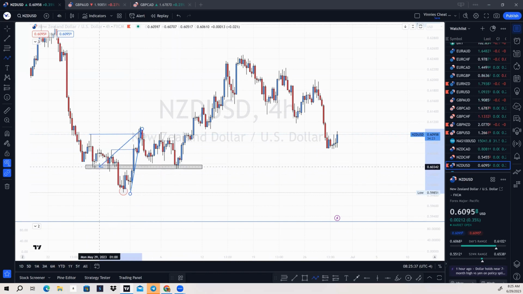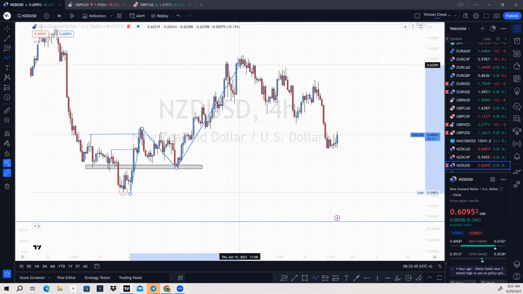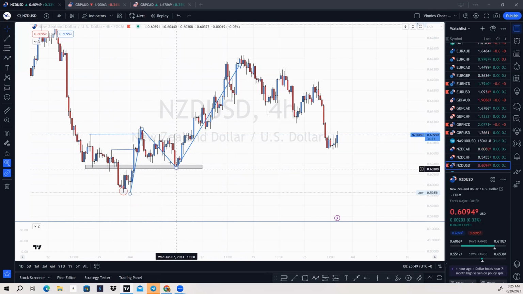This was also in the past considered an area of demand. Price came back down to the demand area and then shot up. Again, it happens on every single time frame. So what you're looking for is market structure. You're looking for a break of structure to identify a trend change, or you're looking for a break and retest. We had that break and retest here.